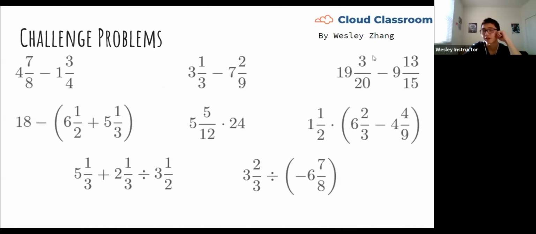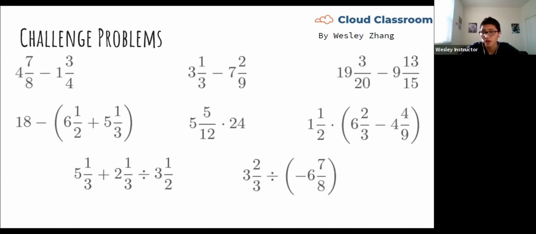So 19 and 3/20 minus 9 and 13/15. So we want to get a common denominator of 60, because 20 times 3 is 60, and 15 times 4 is 60.